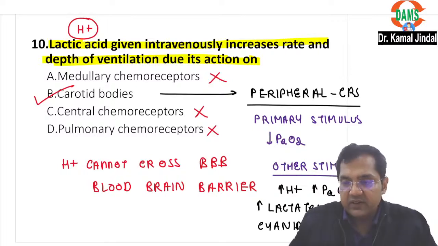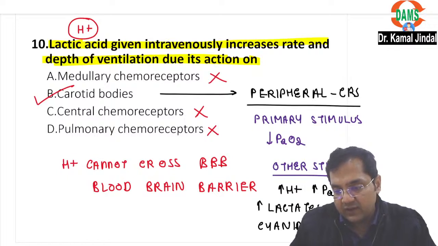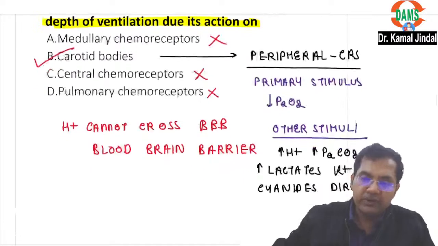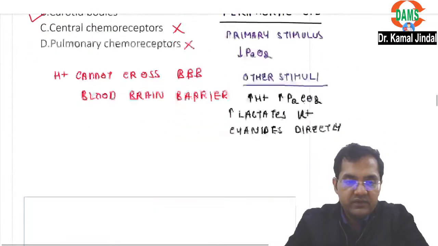The cyanides can directly stimulate the peripheral chemoreceptors.